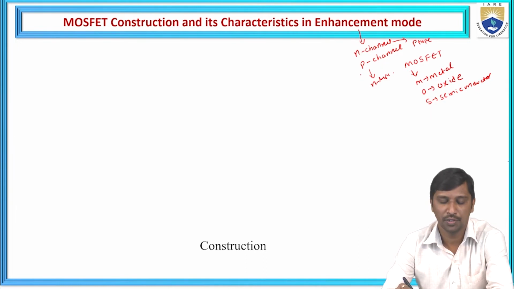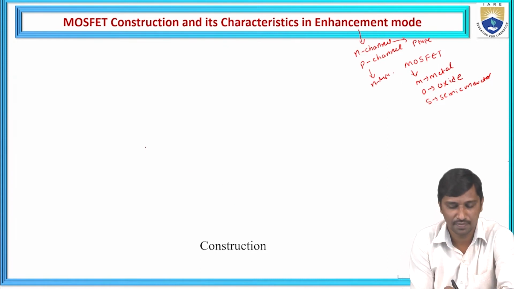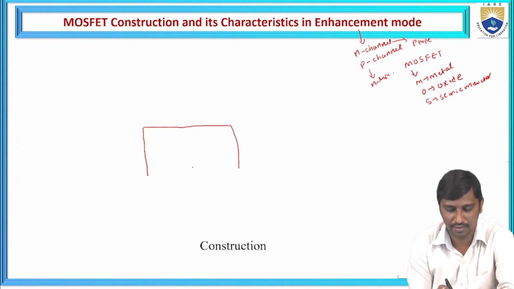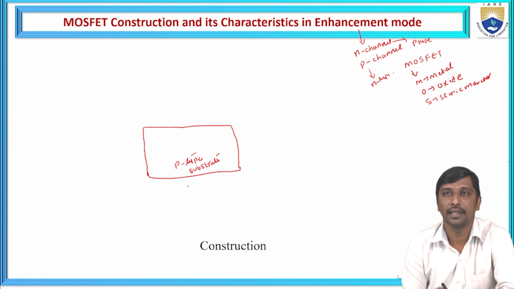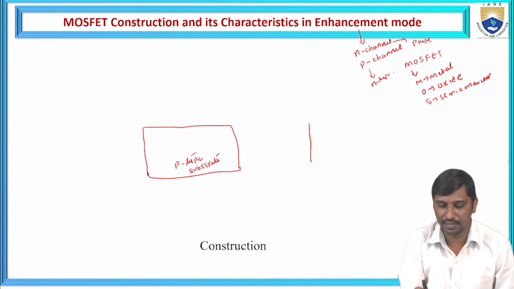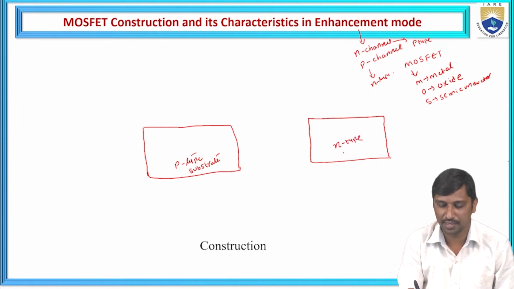Here I'm going to construct the N-type enhancement mode MOSFET, so I'm going to take a P-type substrate.